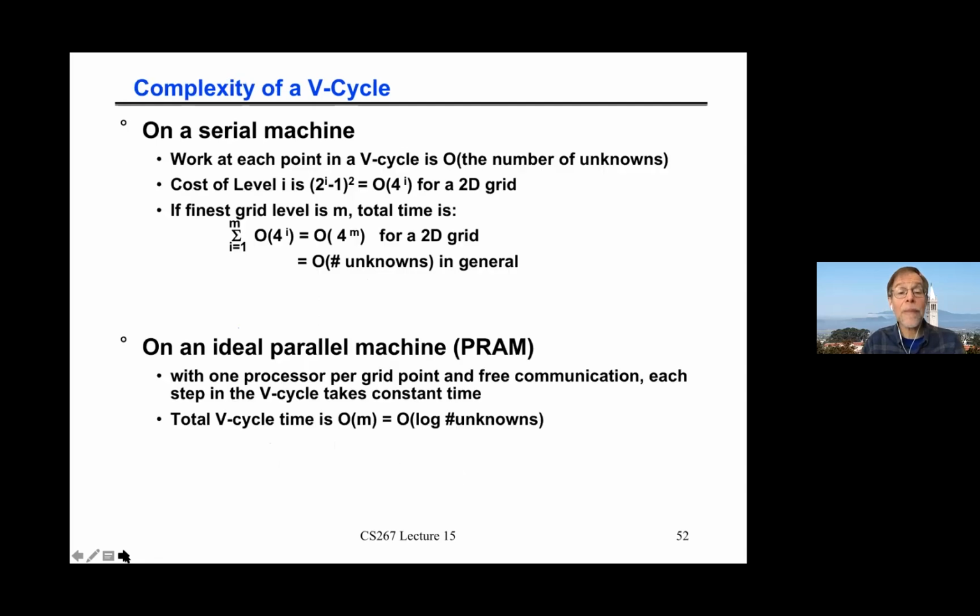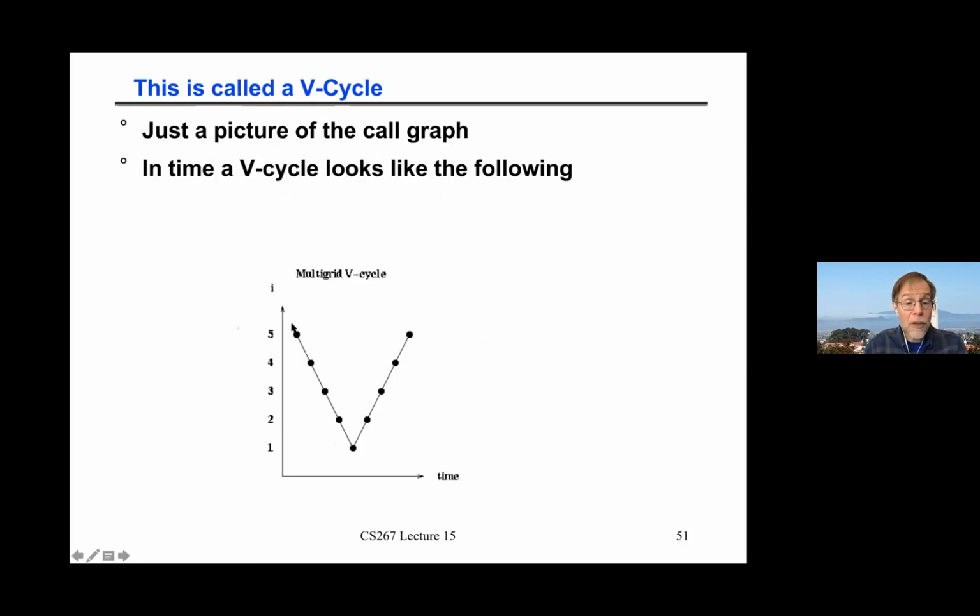and show that it works very well. And so what is the complexity of doing this? I want to show you why the complexity is perfect of just doing one iteration. So at each point in this V-cycle, all I'm doing is a stencil operation at each point in the mesh. So the amount of work that I'm doing is the number of unknowns at every point in that V-cycle. So each one of these corresponds to the original number of unknowns divided by 4, divided by 16, and so forth.